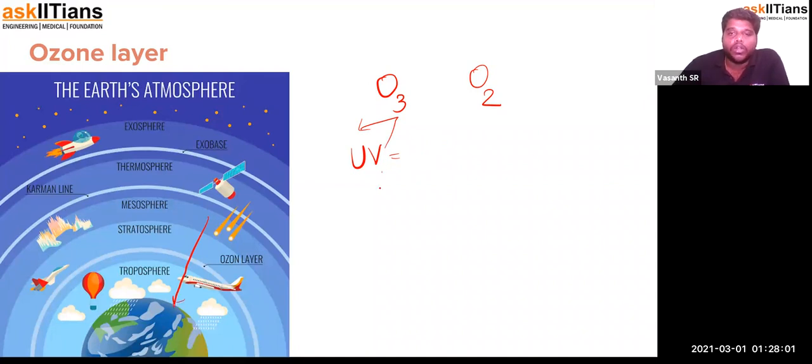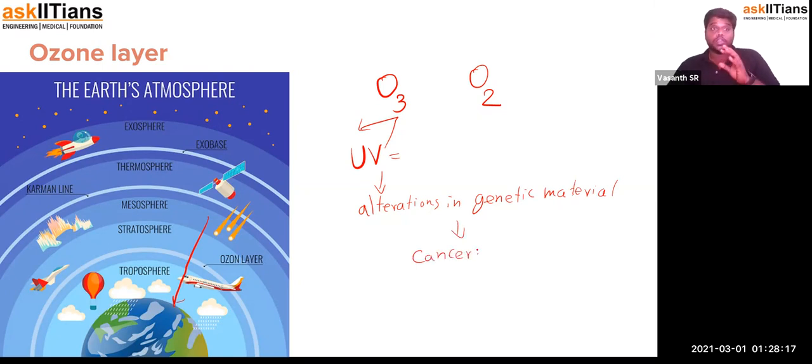UV also causes alterations in genetic material, which literally leads to cancer. These are important things when it comes to the ozone layer. It is a protective layer which obstructs the exposure of harmful radiation on the surface of the Earth. It gets deflected back.